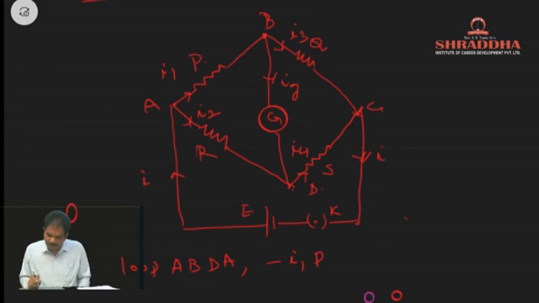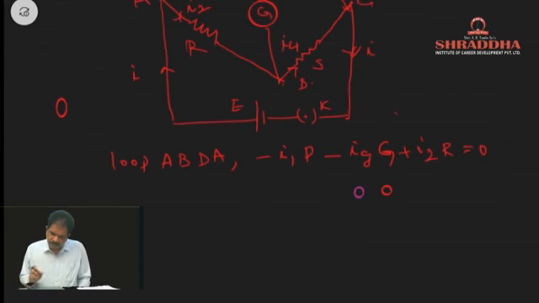Later we are coming from B to D, so that will be also drop minus IgG. Here we are going opposite to this, so I2R is equal to 0. So I1P plus IgG is equal to I2R. Let it be equation 1.